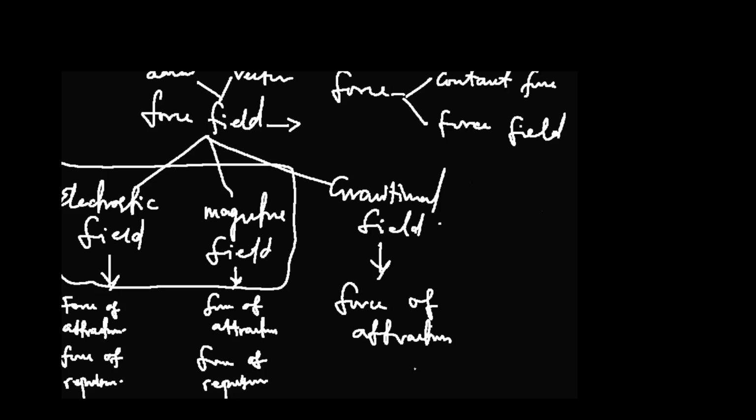Another thing you should know is that electrostatic field has to do with what? Electric charges. It has to do with electric charges only. Magnetic field has to do with elements with magnetic molecules.